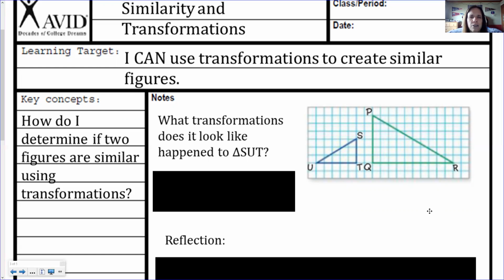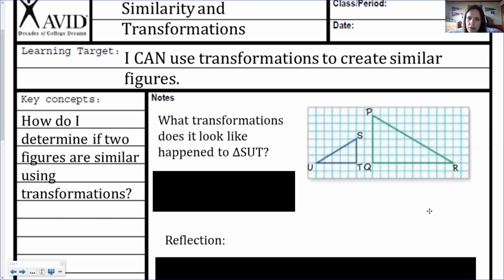So the first thing you're going to ask yourself is just like you're kind of predicting using your math skills, what you know about transformations. What transformations does it look like happened to triangle SUT? So we started with the blue, we went to the green. I can see 2 things happening here.